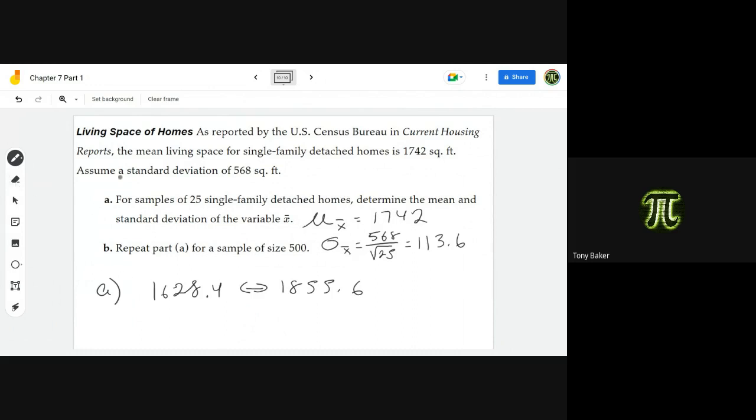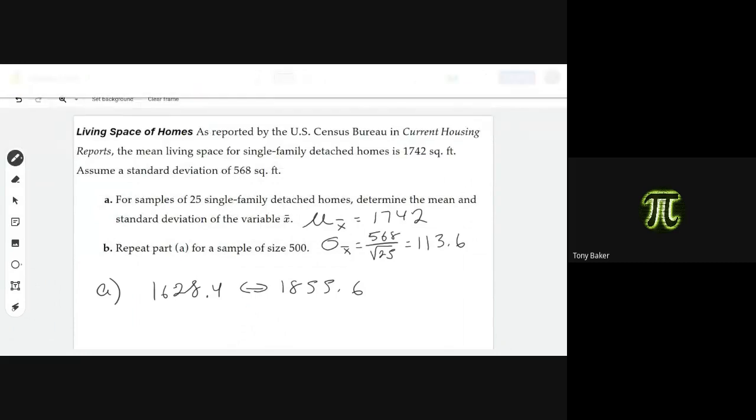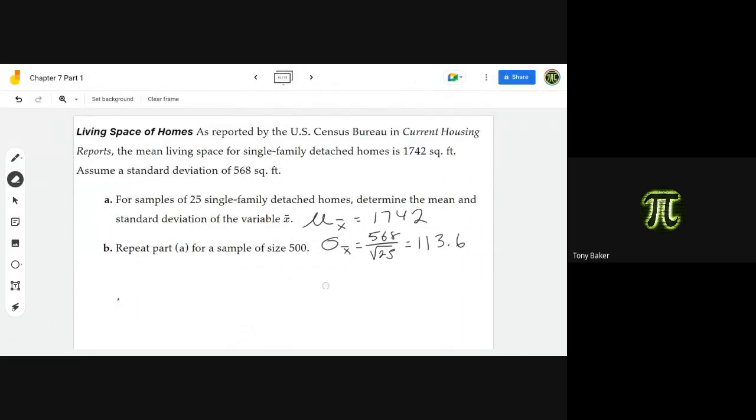So if we looked at B, the only difference, the mean's still going to stay the same in this problem, but now I'm dividing by the square root of 500. Now I'm down to my standard deviation of 25.40.